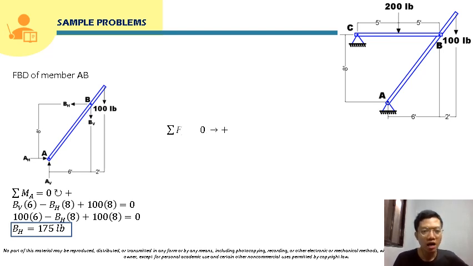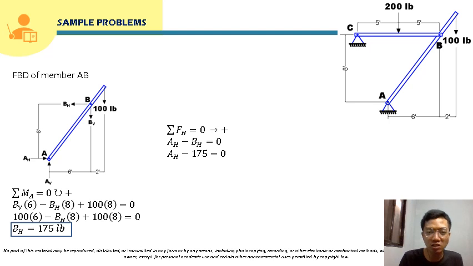Okay, so we can also solve for AH by summing of forces horizontal here. So we already solved for BH, so we can solve for AH. So AH minus BH is equal to 0. So AH will just be 175 pound as well. Okay, so we already solved for this.